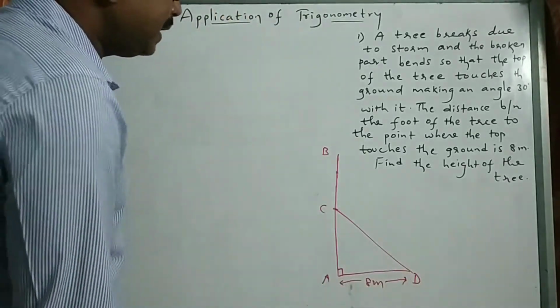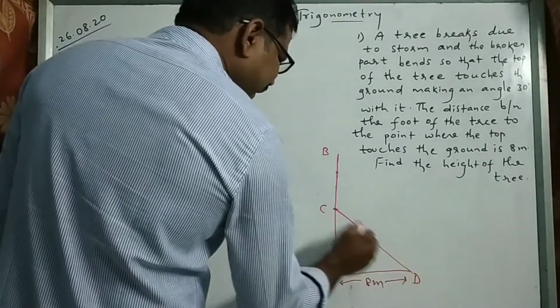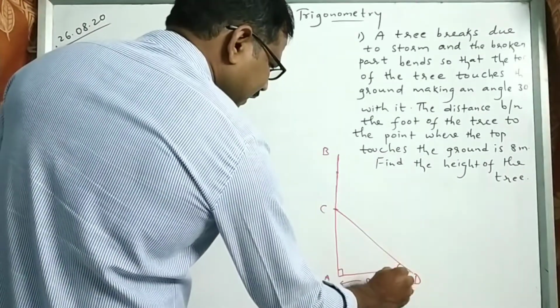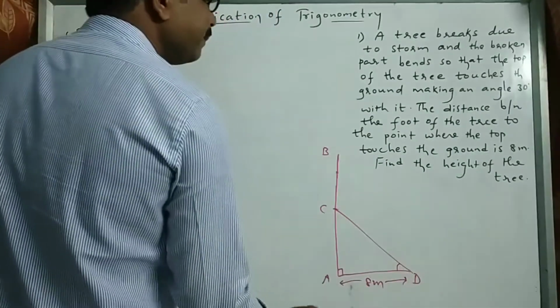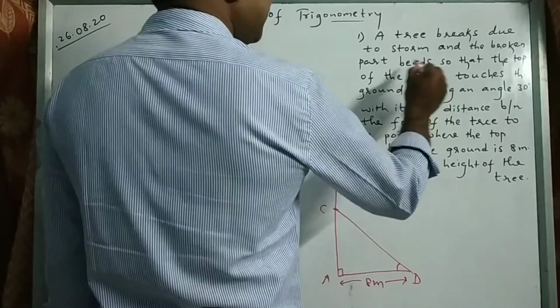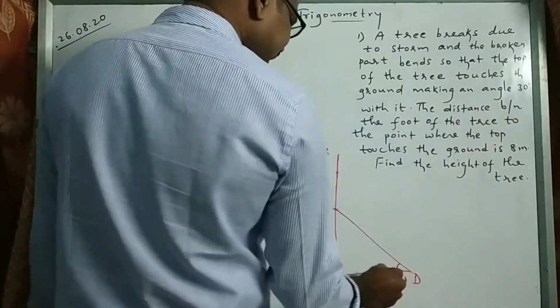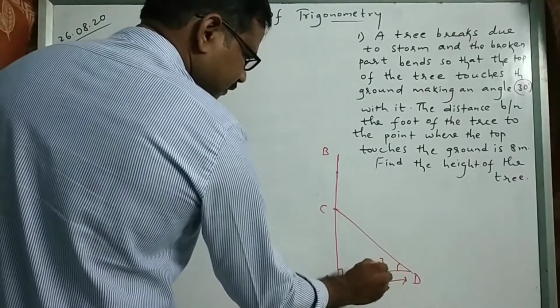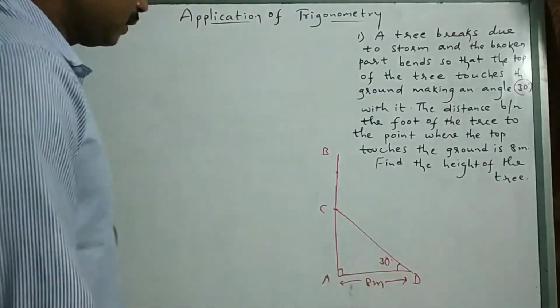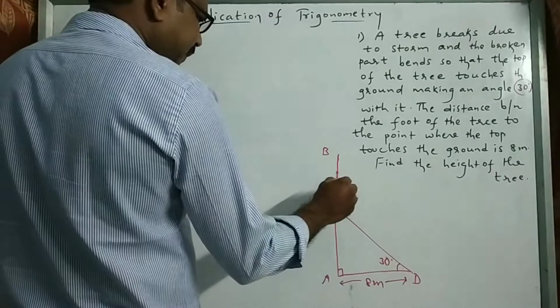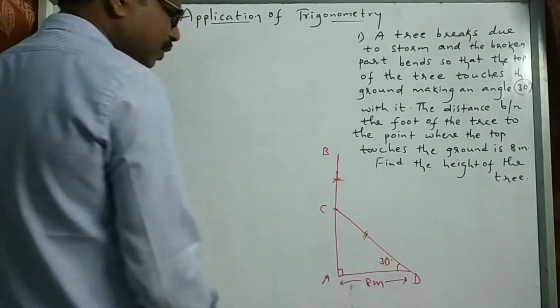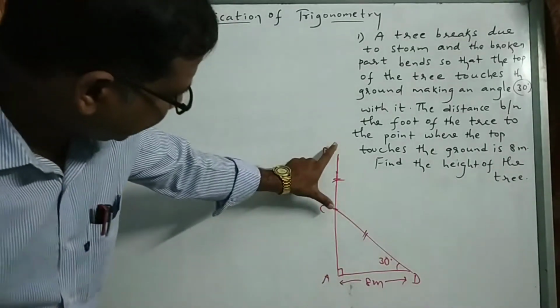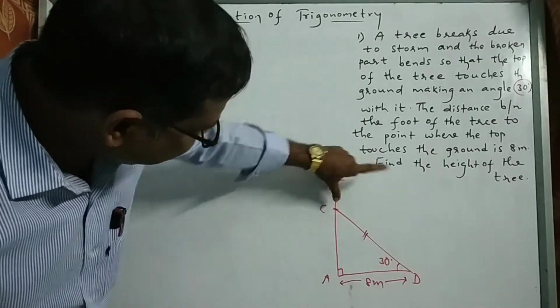Okay, and the angle made by this broken piece and the horizontal line is, what is the elevation given here? 30 degrees. Here it is 30 degrees. So that means this piece and this piece both are the same, because the broken part is coming like this.